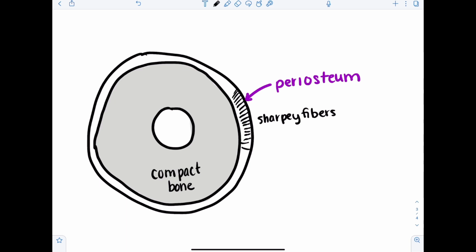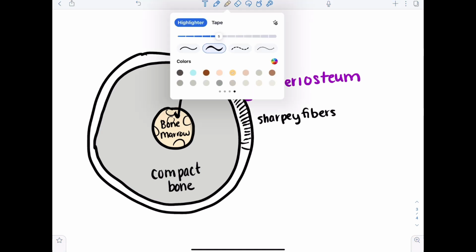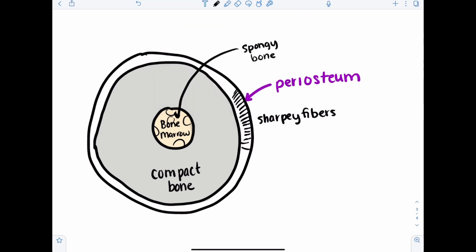Then what we have in the middle is bone marrow. And bone marrow is stored in spongy bone or trabecular bone. Okay, and so that's what's in this area. We're going to make it look a little spongy. There's my spongy bone. And we're going to have bone marrow in here. Okay, so I'm kind of making the bone marrow. This area where I have all this bone marrow is known as the medullary cavity.